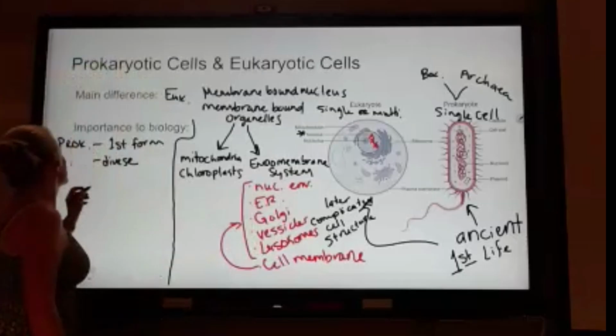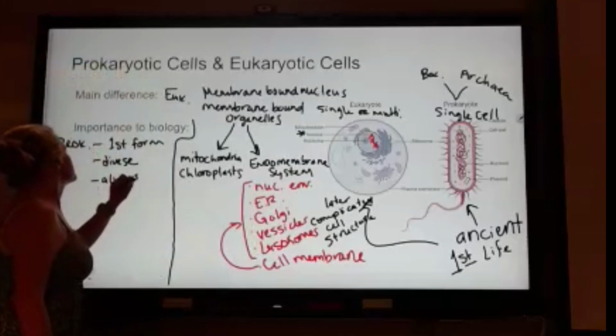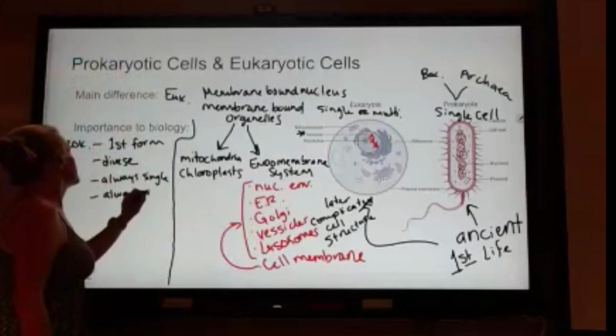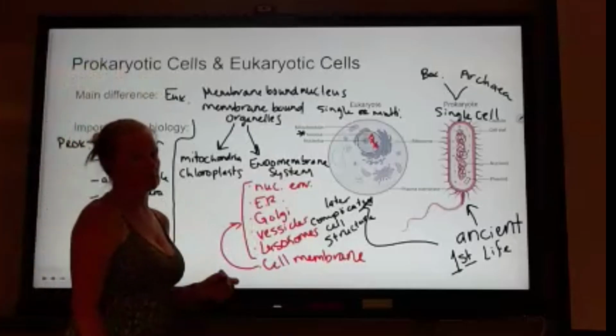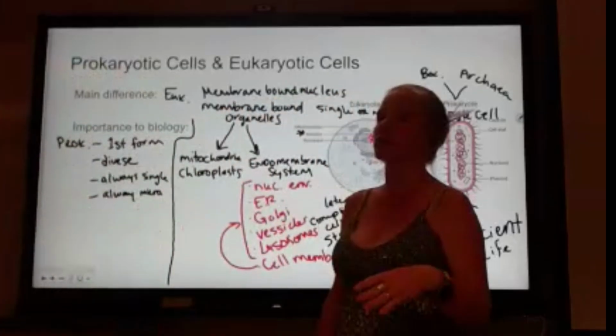And prokaryotes are always single cellular, and they're always microscopic. So you need a very powerful microscope to see them.